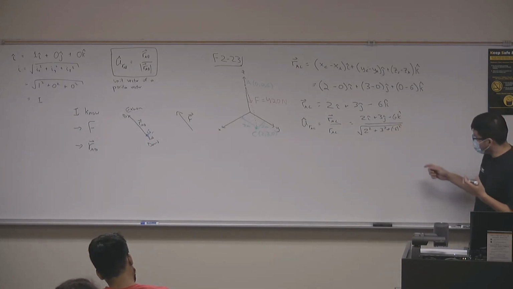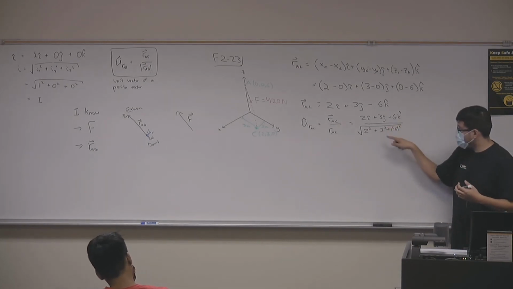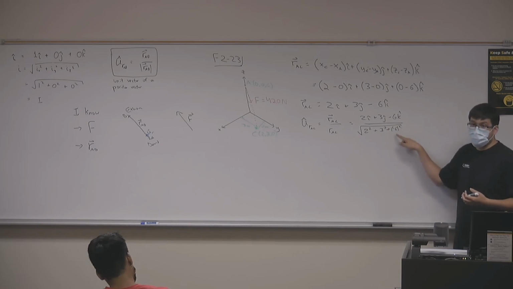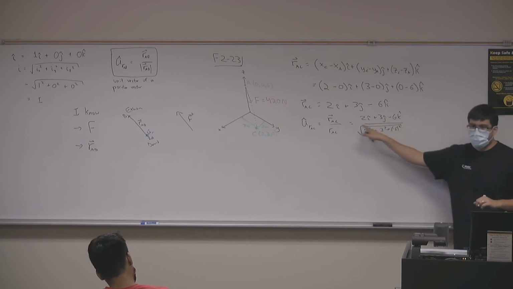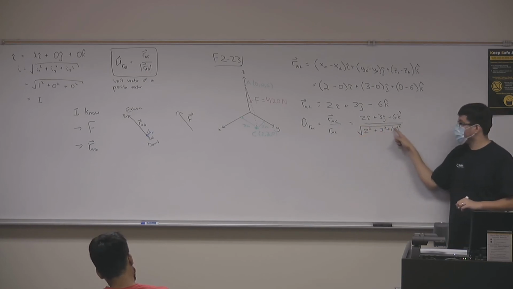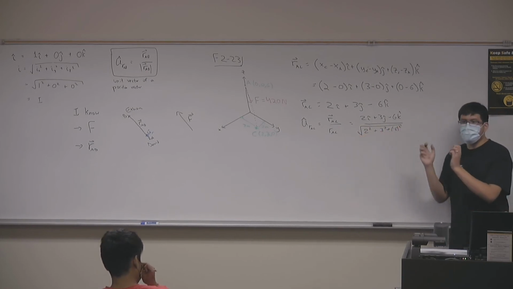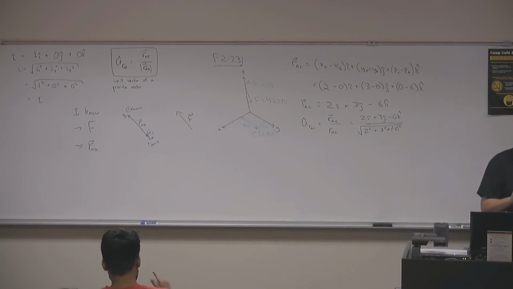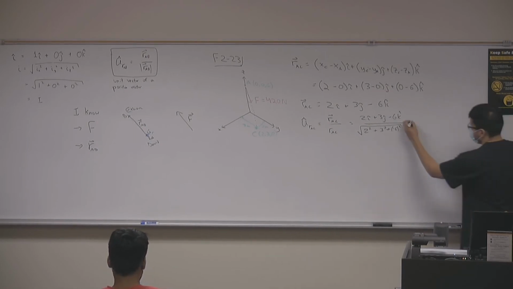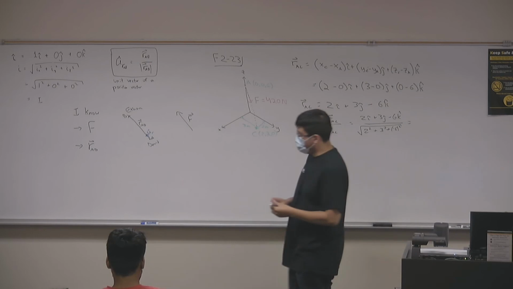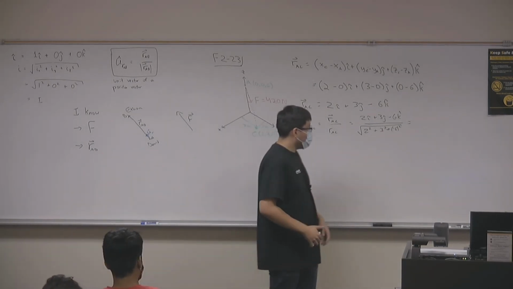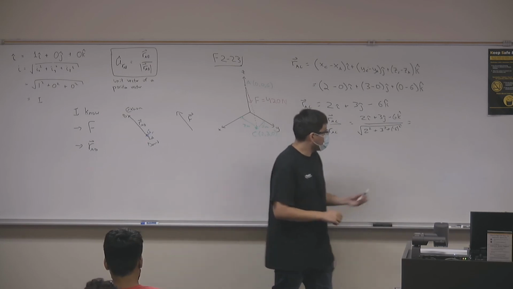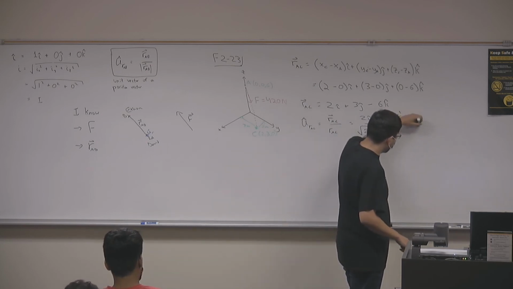I've seen some mistakes where you have 3 squared minus 6 squared, and they forget that the minus actually turns positive. So I like to write plus, plus, plus, and just put whatever negative sign inside a parenthesis to avoid confusion. All right, I see some people plugging numbers into their calculators. Can anybody just give me the final answer? 2/7 i plus 3/7 j minus 6/7 k.